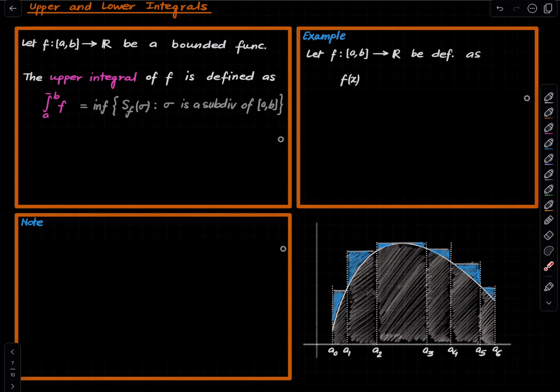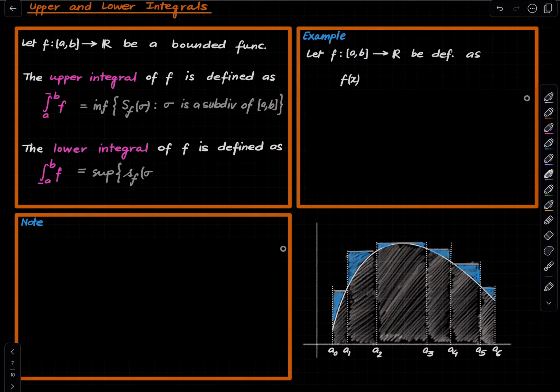Okay. Similarly, you define the lower integral. So this is the upper integral, which is the best possible upper sum in some sense. Of course, it's an infimum, so it's not the best, but whatever. The lower integral is the supremum over all possible lower sums. It's the best possible underestimate.